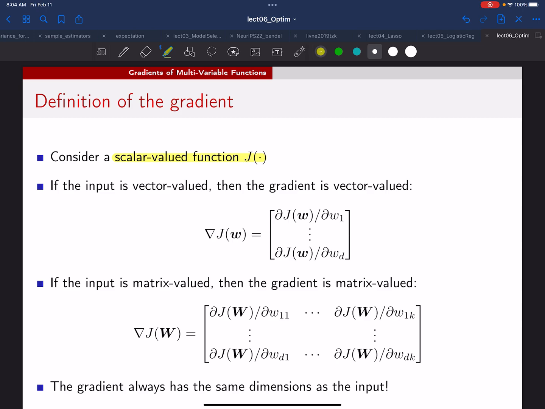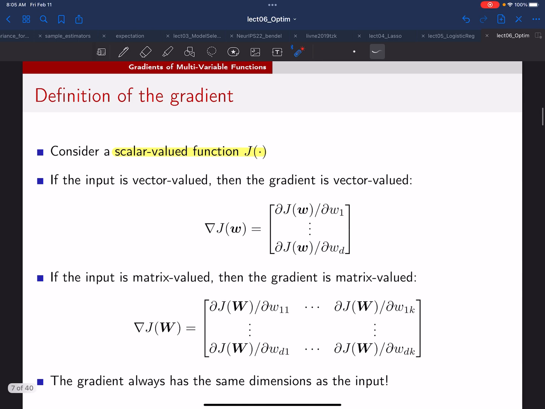We're trying to optimize this vector of coefficients W, and the gradient will have the same shape as W. The gradient is defined as the partial derivative with respect to the first, second, third, and so on, all the way to the partial derivative with respect to the last component of W.